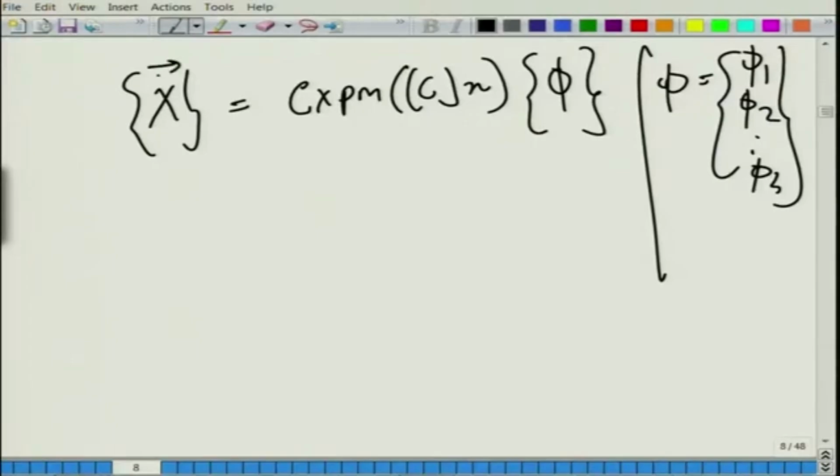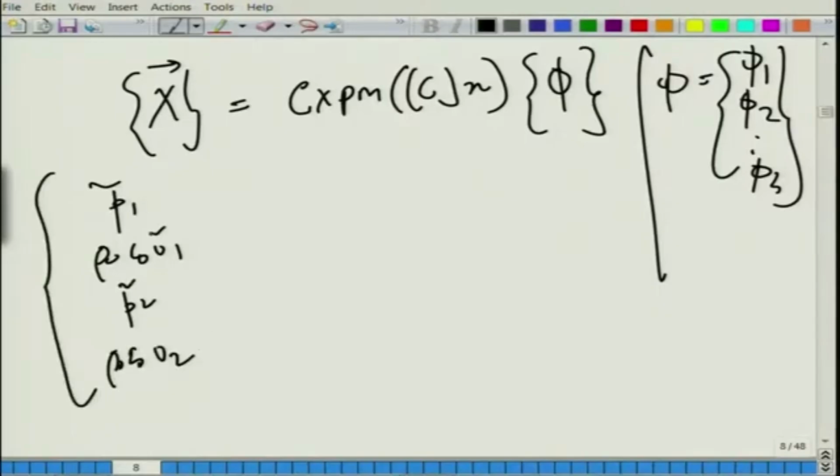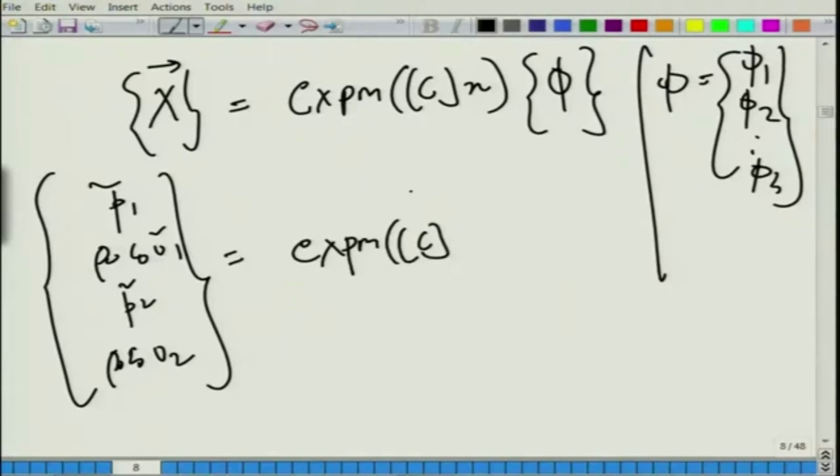So, what are those? Basically P1, rho naught c naught u1, P2 tilde and rho naught c naught u2 is equal to this matrix times phi, and at x equal to 0, I just have to put 0 to get the phi. So expm to the power 0 will just give me the identity matrix.